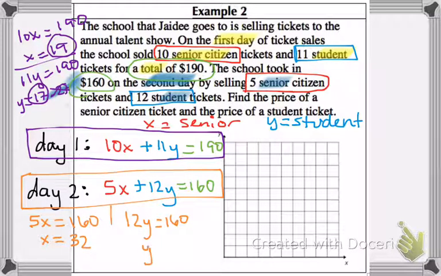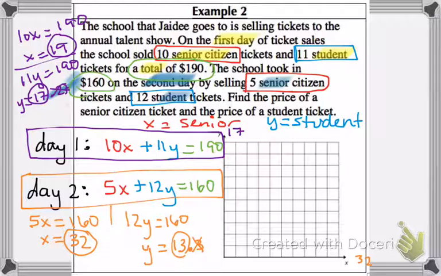So y is going to equal 160 divided by 12 is 13.3, repeating, but we're going to cross that off and just keep the 13. So we've got a 32, 13, and a 19, and a 17. So my x needs to go to 32, and my y maximum is 17.